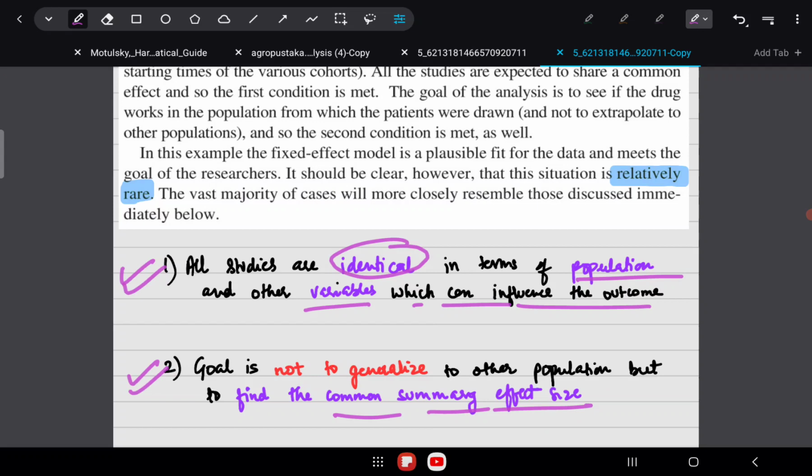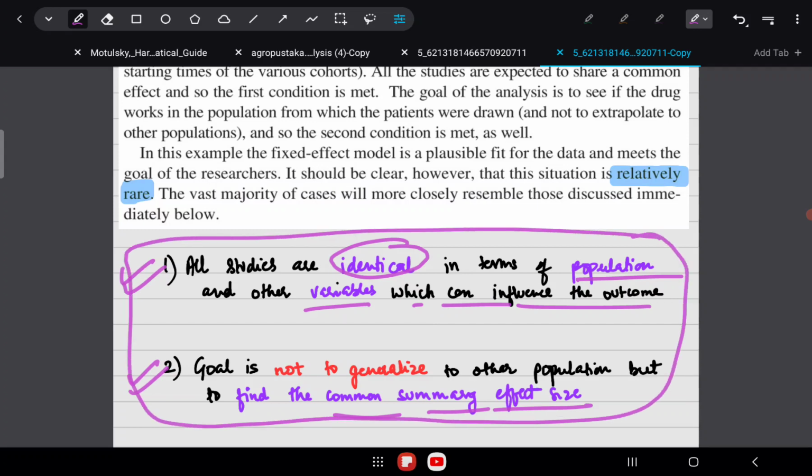But the goal is not to generalize to some other kind of population, some other group, subgroup, or some other situation or scenario which is not included in the studies, okay. So these are the two points you should meet when you decide to do fixed effect modeling.